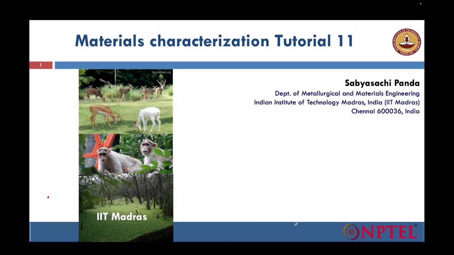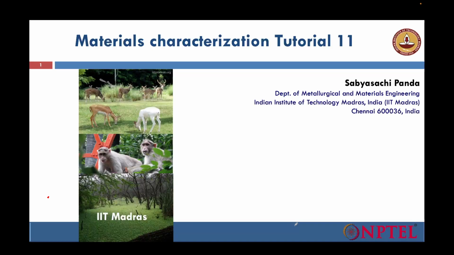Okay, so welcome everyone to the 11th tutorial on materials characterization. In the last class, we started the introduction to transmission electron microscopy, and we went through the instrument part: the different types of instruments and the components in the transmission electron microscope. From the top all the way to the bottom, we saw that there is a complicated lens system, and also the requirements and the different types of holders.